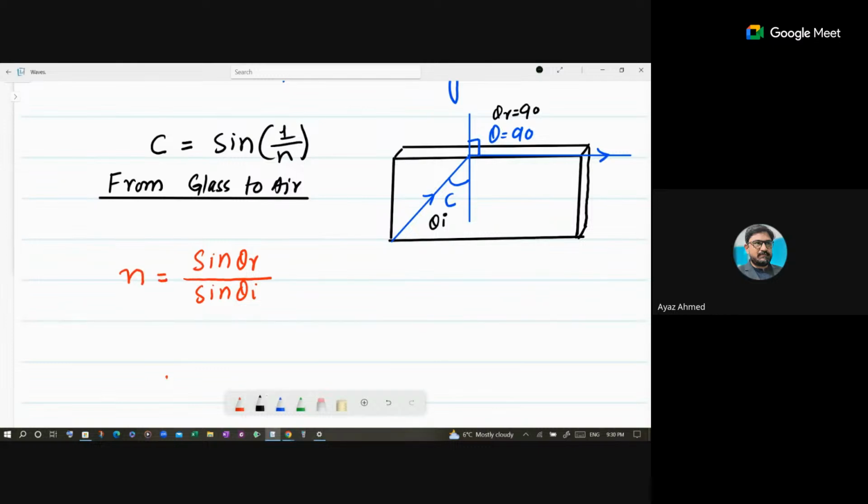Listen. This is from denser to rarer. That's why I told you that it would be inverted, meaning the equation would flip.